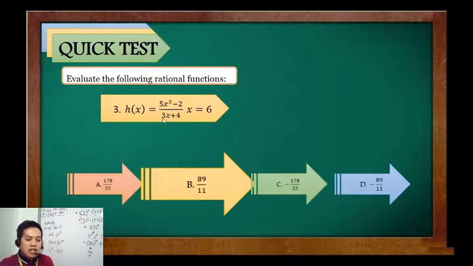So 3 times 6 is 18. Plus 4, this is 22. So we have 178 over 22. Now 178 over 22 is divisible by 2. So 178 divided by 2 is 89. 22 divided by 2 is 11. Therefore, ang atong answer is 89 over 11.